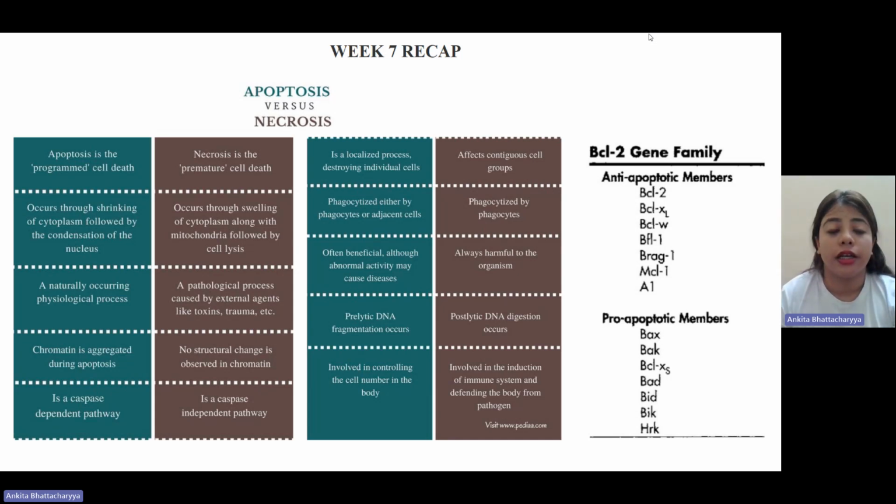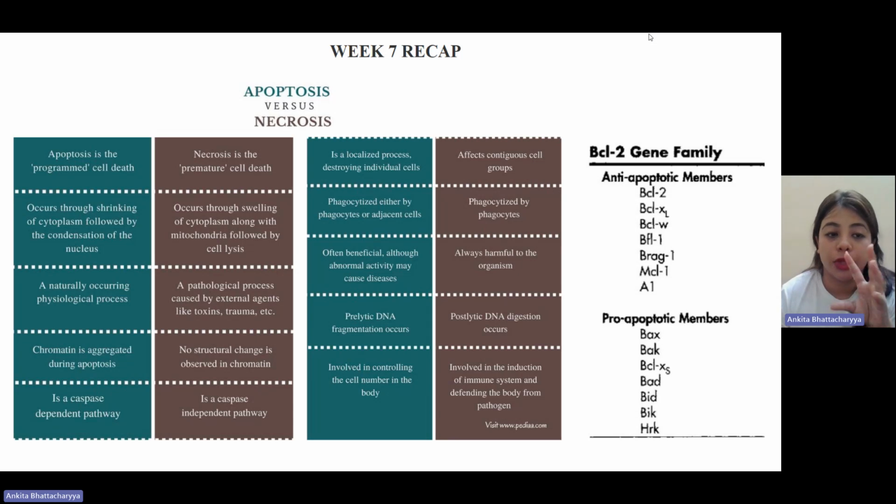In contrast, necrosis is often described, while it is not completely accurate, as premature cell death because it is not being carried out in a regulated manner. It is not always necessary, but it is occurring because of the type of conditions that it is facing.